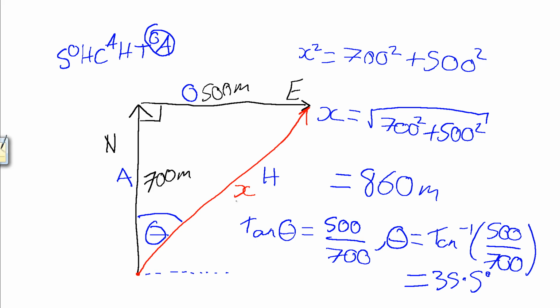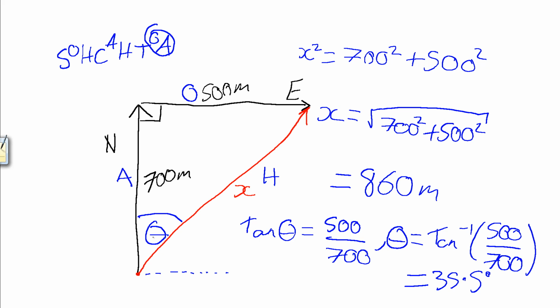So we're able to fully describe this vector x by its magnitude, the 860, and its direction, 35.5 degrees east of north. So this angle we've described accurately, we've managed to calculate that. So this is how, when we've got two perpendicular vectors such as north and east, or south and west, or more typically vertical and horizontal vectors, we can combine them to work out what their net is, work out what their summed equivalent is.